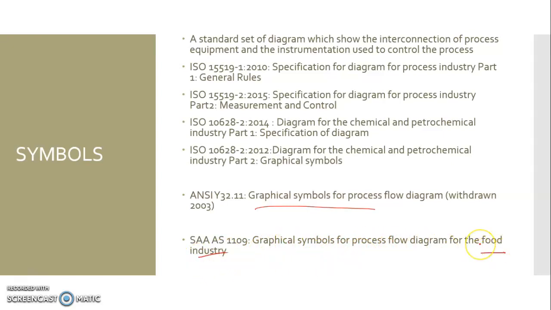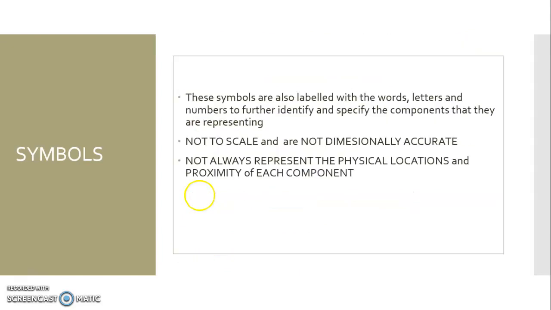If you work in the food industry in future, you should use this standard. Okay, it is not the same as the standard for other chemical plants. Okay, and then bear in mind that a PFD or block flow diagram has no scale and dimensions.